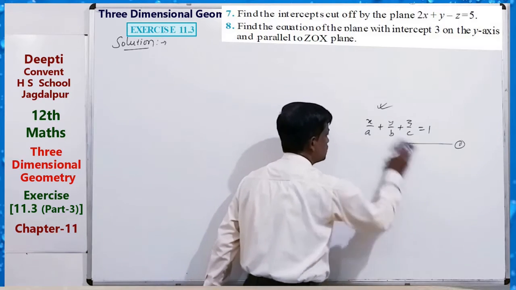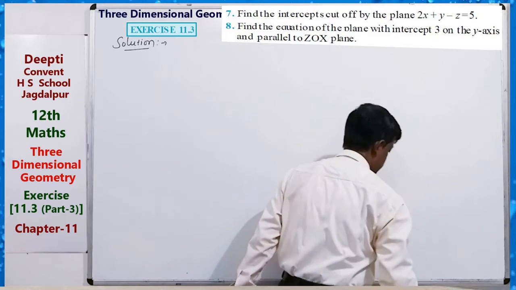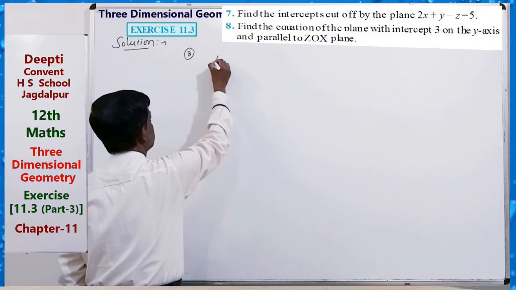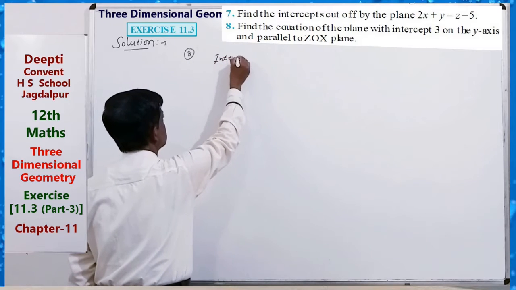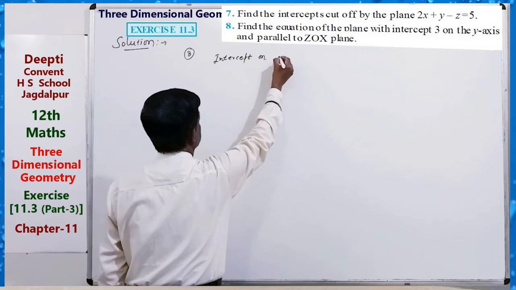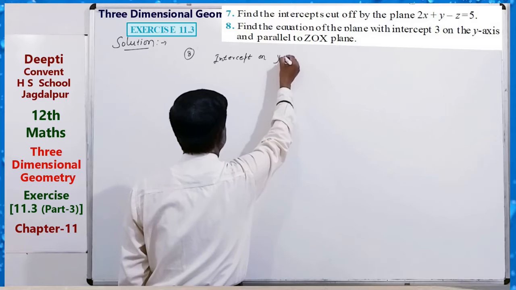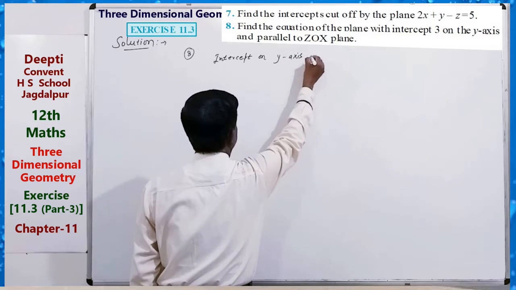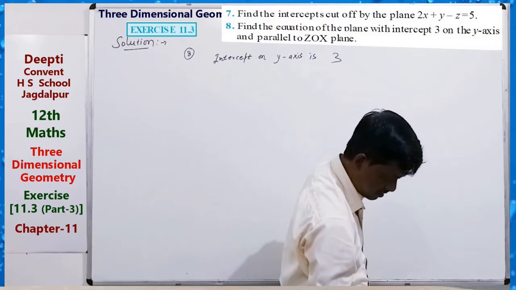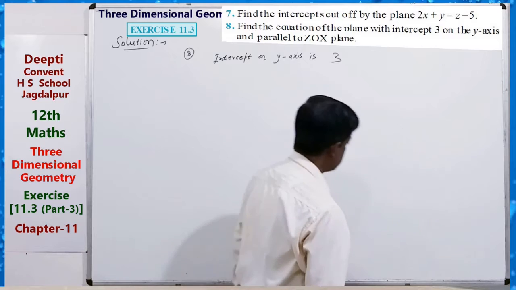ZOX plane, that is XOZ plane, means what plane? Y equals to 0. So, question 8: intercept on the y-axis is 3 and parallel to the ZOX plane.